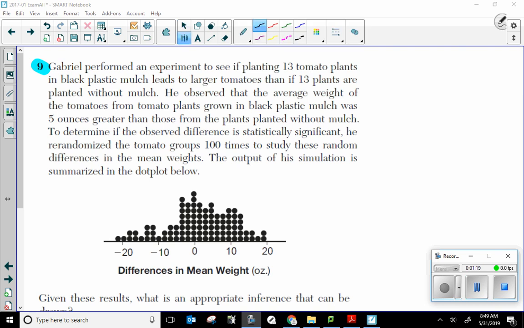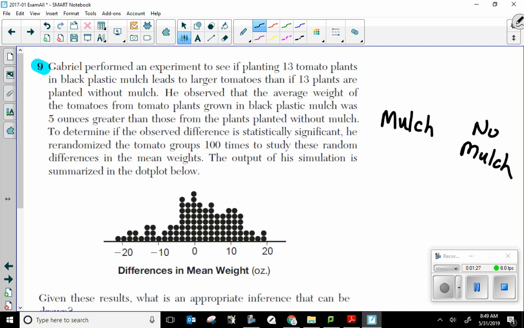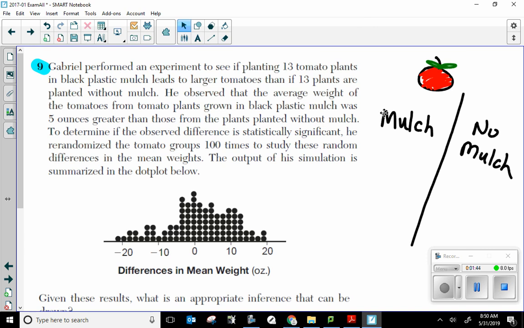Okay, so we have the mulch, and we have no mulch. Okay? And we got tomato plants. Tomatoes. Tomato, however you want to do it. It's not an apple, it's a tomato. Okay? That'll just give you a visual.